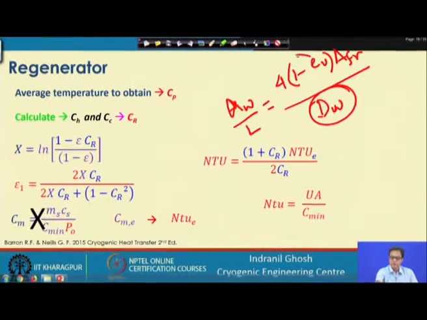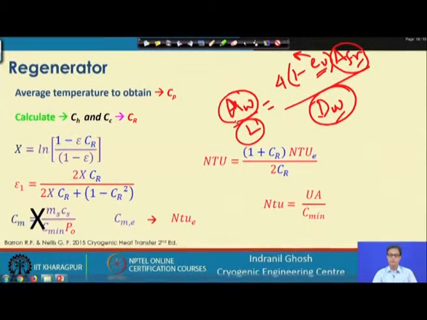EV is the porosity or the void inside this bed, and A frontal is the frontal area of that bed. Accordingly, as we have obtained AW and we know the frontal area, the wire screen diameter and the porosity, we would be able to find out the length of the regenerator.